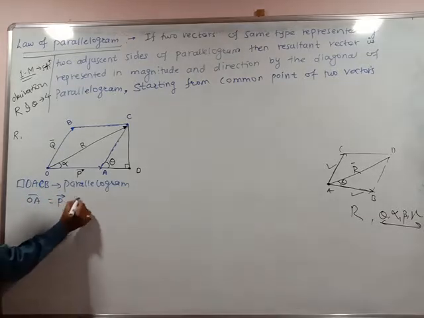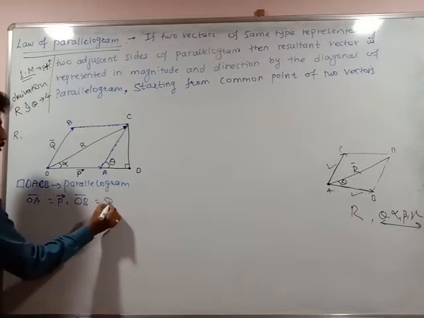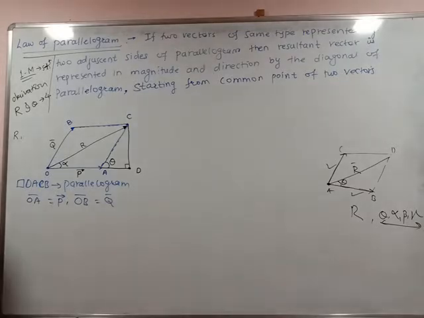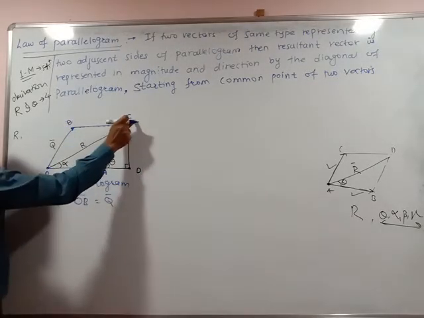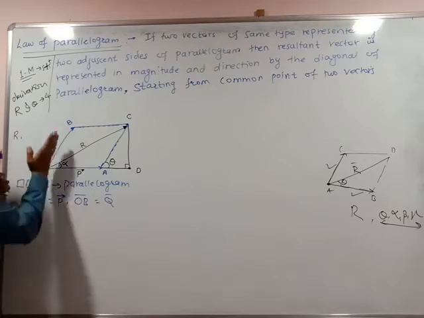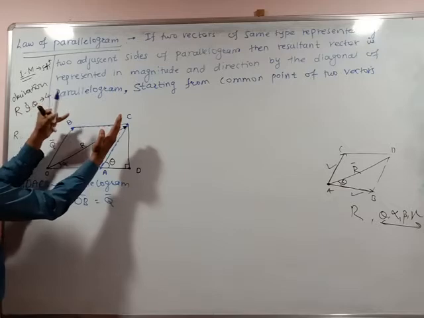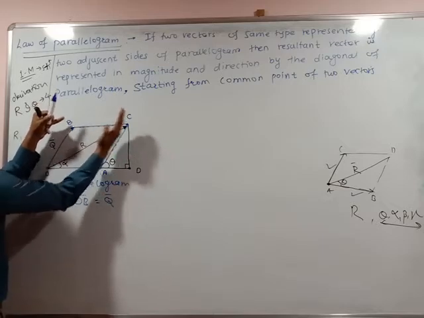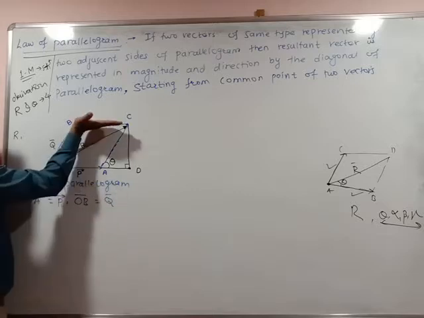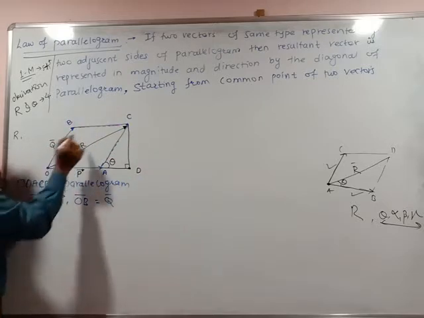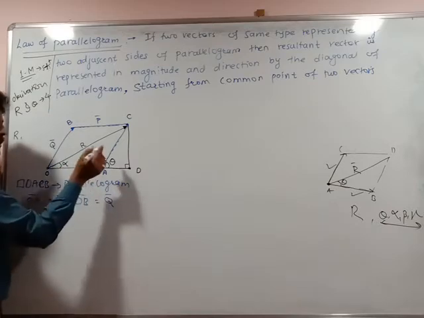Okay, vector OB is said to be Q. If this OB is Q bar, AC is also Q bar, because these are two lines parallel to each other. So whatever the value of OB, the same value is for AC. If OA has the value P bar, BC also has the same value P bar, because these two sides of the parallelogram are parallel.